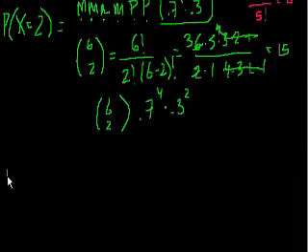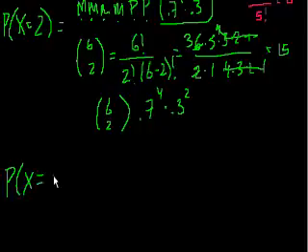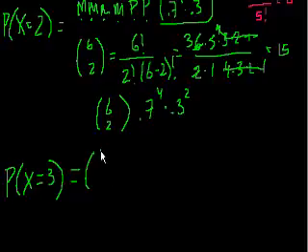Let's do them fast. The probability that I make exactly 3 shots by the same logic. Well, what's the probability in any one of the circumstances? Well, how many ways can I make 3 shots? Well, I'm taking 6 and I'm choosing 3. And then the probability of each of those ways is, in order to make 3 shots, I'm going to miss 3 shots, and then I'm going to make 3 shots.